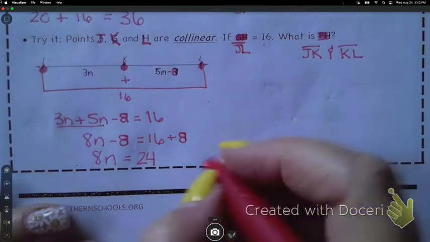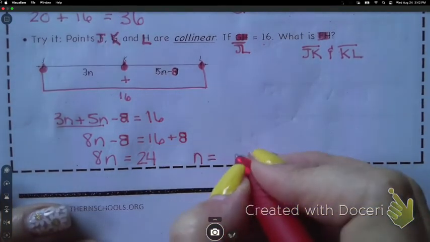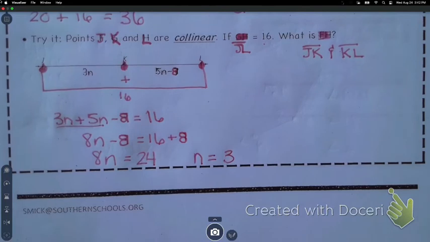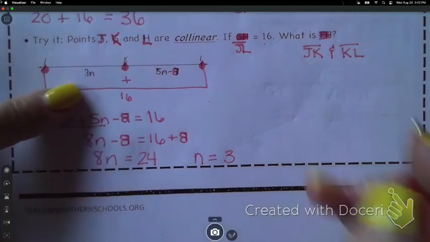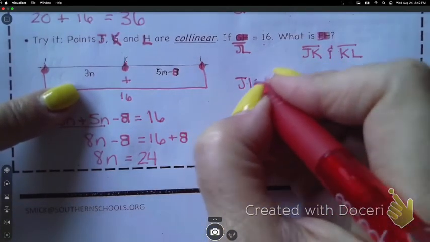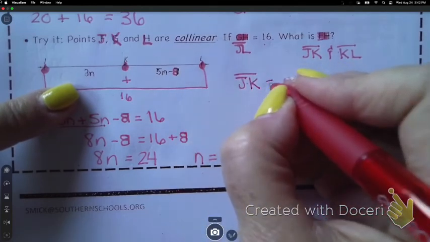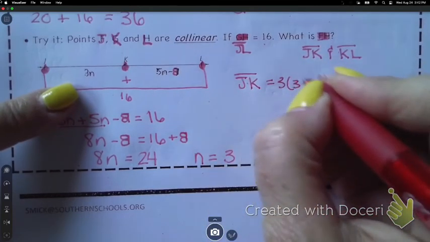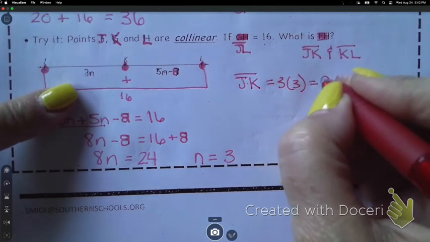So what's n? 3. Correct? 24 divided by 8. So now what do I do with that? Put it in for n. So JK would be 3 times 3, which would be what? 9.